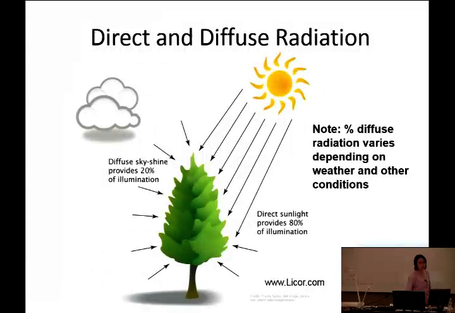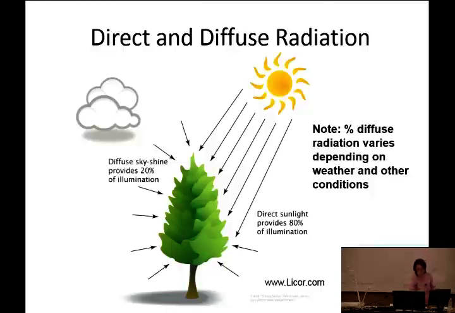All right, so diffuse and direct light. When you're outside and receiving sunlight, what you see as a strong beam is basically direct light, which creates dark shadow. There is also another component in the sunlight, called diffuse light.